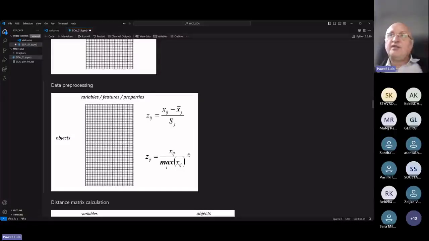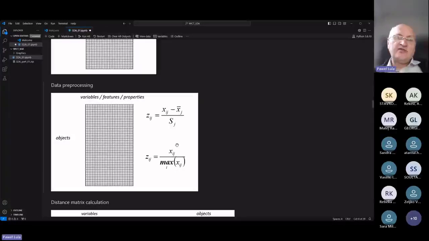So after performing this standardization, this transformation, we can say that every variable will have the same impact on the final results.